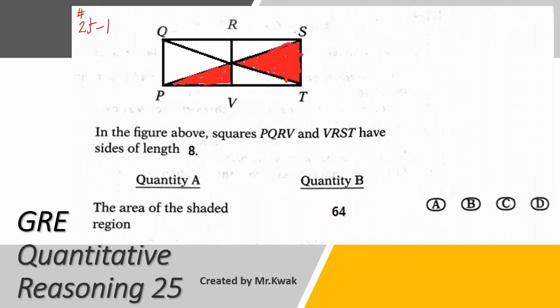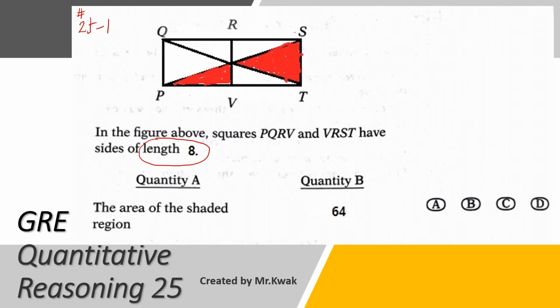Then let's read the question again and solve the question together. Even though it looked like the same question, we have to read carefully. In the figure above, squares PQRV and VRST have sides of length 8.